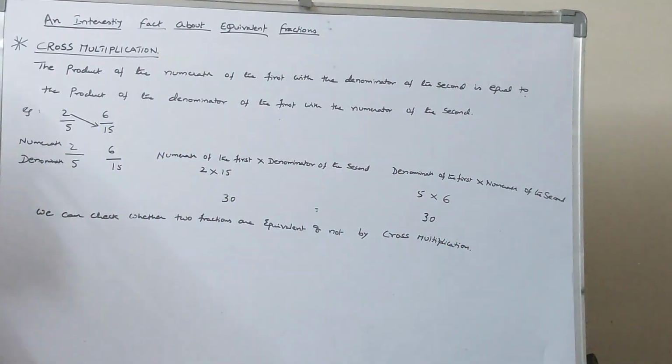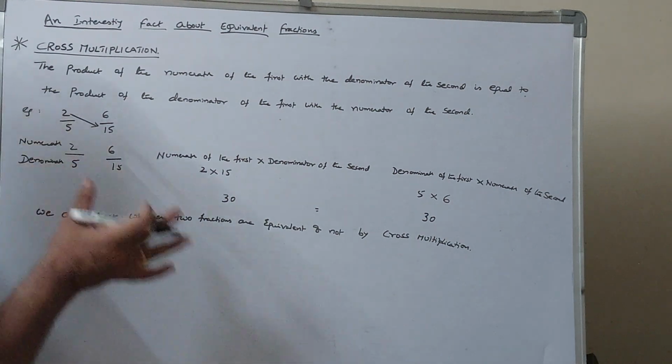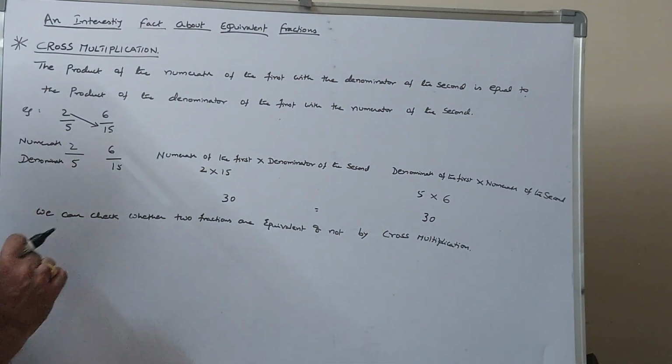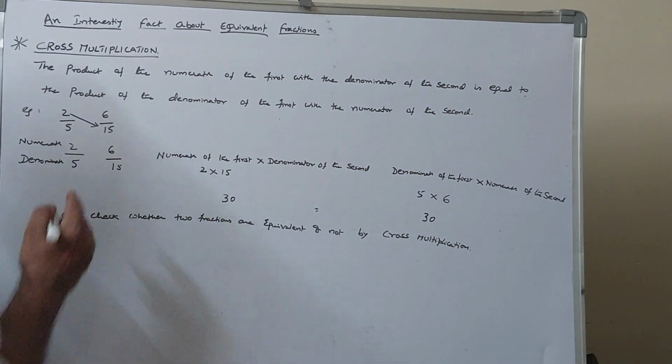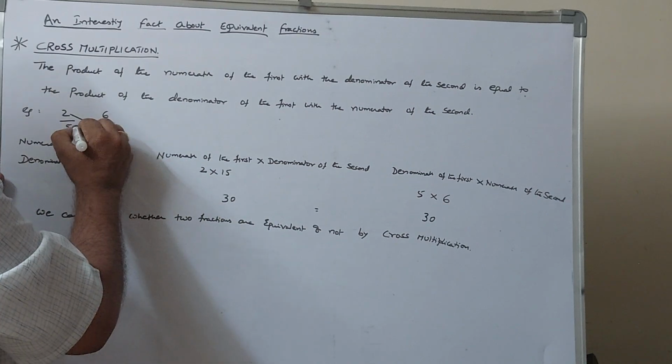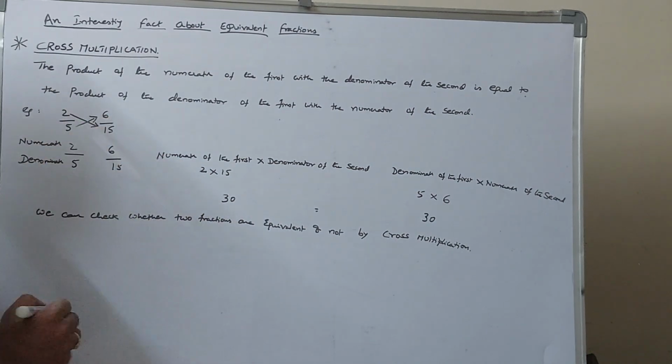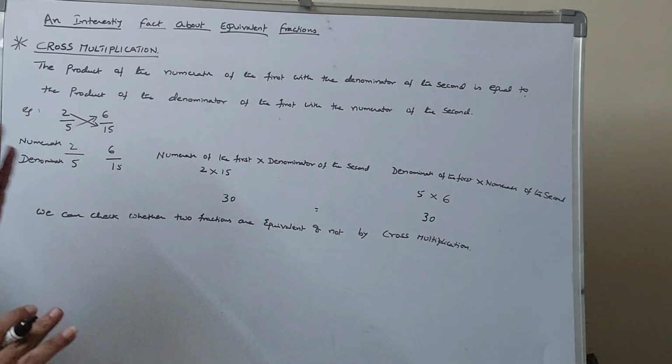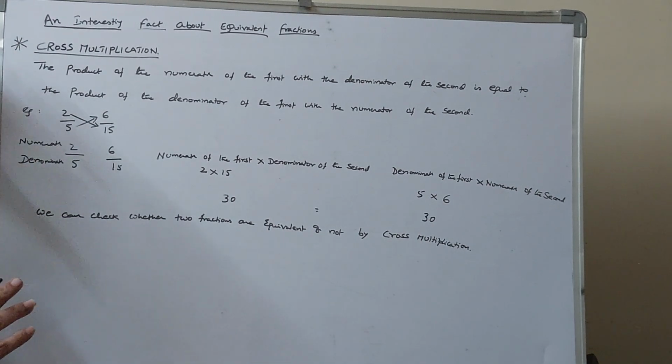If the cross multiplication is equal, then we call the fractions equivalent. If they are not equal, we will call them not equivalent. This is the way. This is a very, very important concept, cross multiplication. Okay?